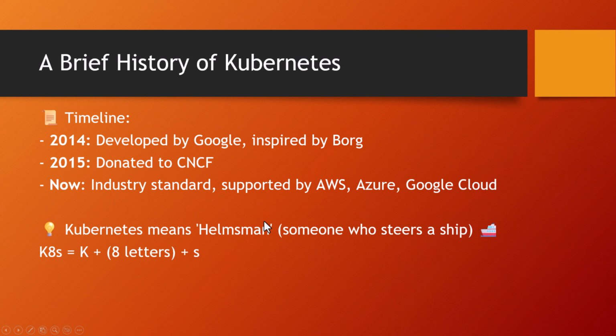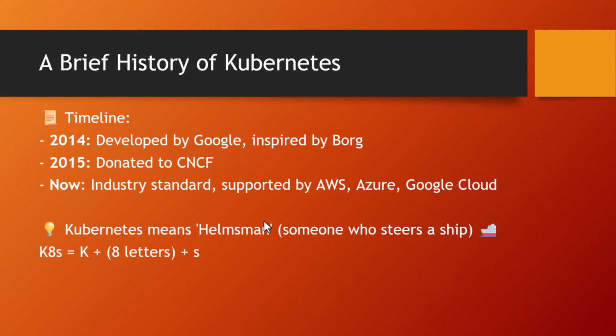A brief history of Kubernetes. So, let's take a quick look at where Kubernetes came from and how it got its name. Who created Kubernetes? Kubernetes was originally developed by Google in 2014 and was based on their internal container management system called Borg.